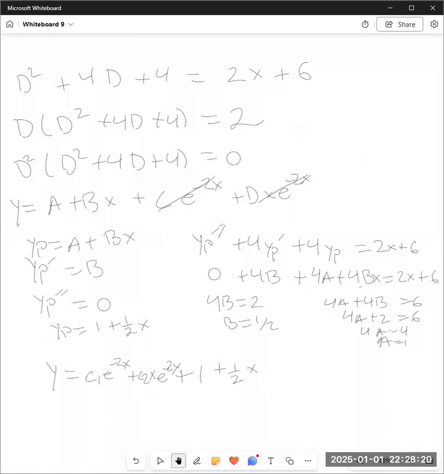One more for this video. Again, these are pretty basic examples. Y triple prime plus y double prime is equal to 8x squared. And I don't think that I did one earlier that was higher than second order, but really it doesn't change anything. M cubed plus m squared equals 0.